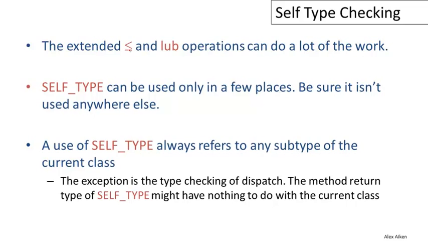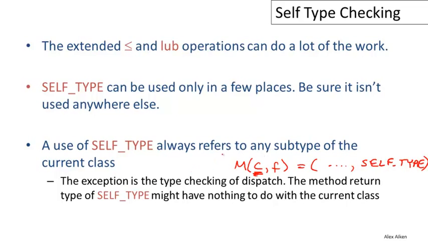There is one exception to this in the type checking of dispatch. In dispatch, there's a method lookup where we look up in some class C a method f, and it's possible that that method will have a return type self-type. And this class here, C, may have nothing to do with the current class.